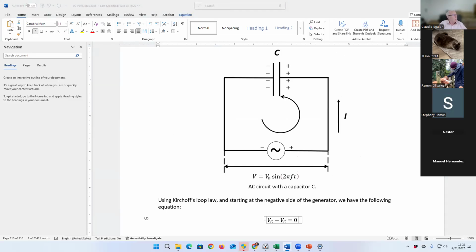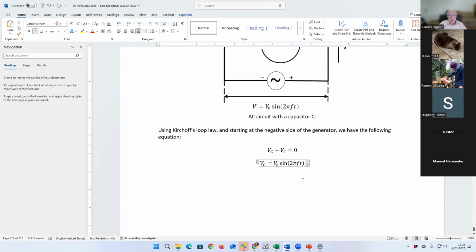And then, just like before, we substitute the V of the generator by that relationship that I mentioned to you. V of G is equal to V naught sine 2 pi f t.